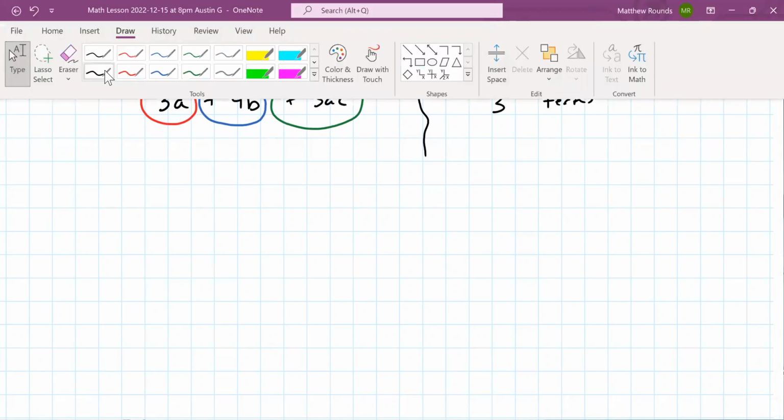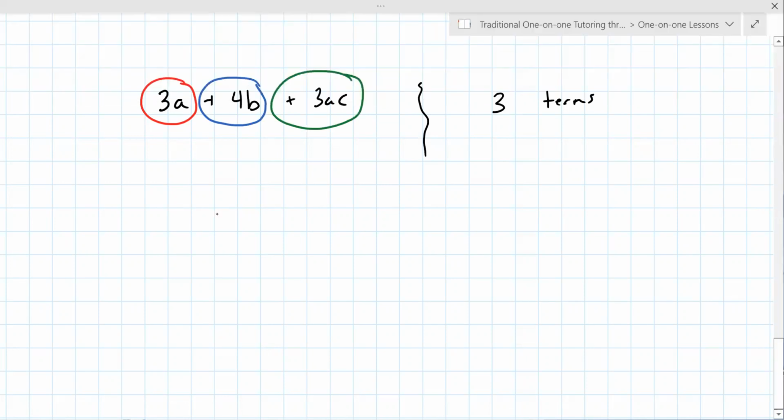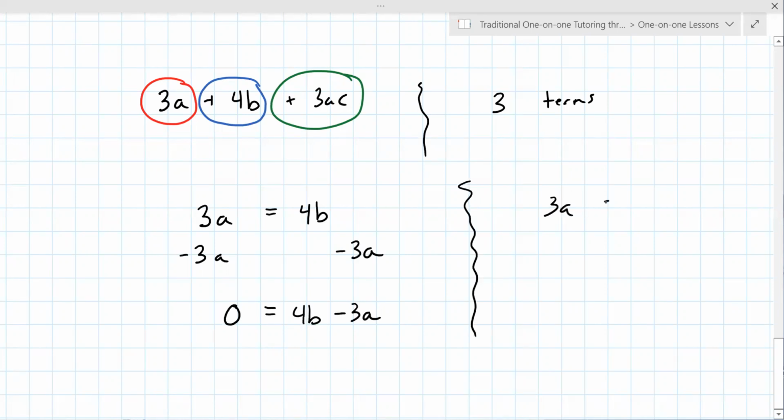Let's think of something really simple. Let's say it's 3a equals 4b. You can subtract 3a from both sides because you always move the term. Going back to the same thing, 3a equals 4b, you can subtract 4b from both sides.